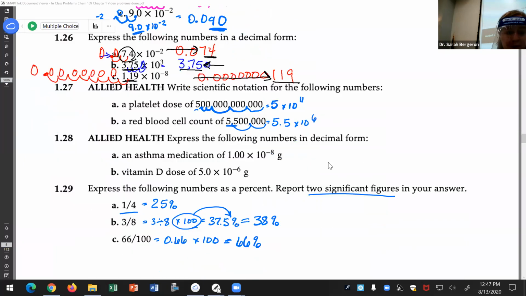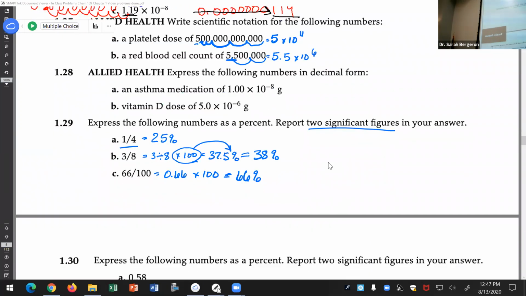All right, 28. An asthma medication of 1.00 times 10 to the negative 8 grams. I'm going to tell you it's going to be really, really important, and I'm going to tell you to tag. I don't know why I put an E on that because I can't spell.